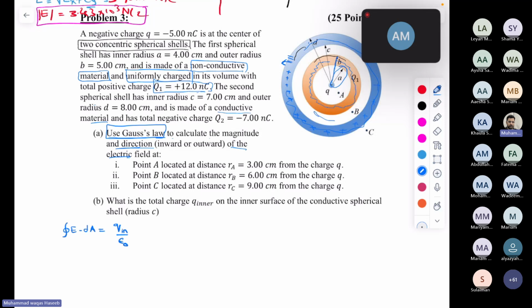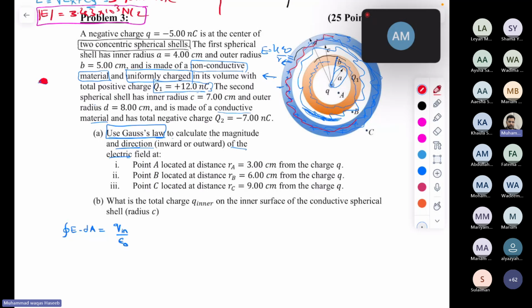If it is hollow, there is no charge and no field inside. Outside, it looks like a point charge, so we can have an electric field like that of a point charge.